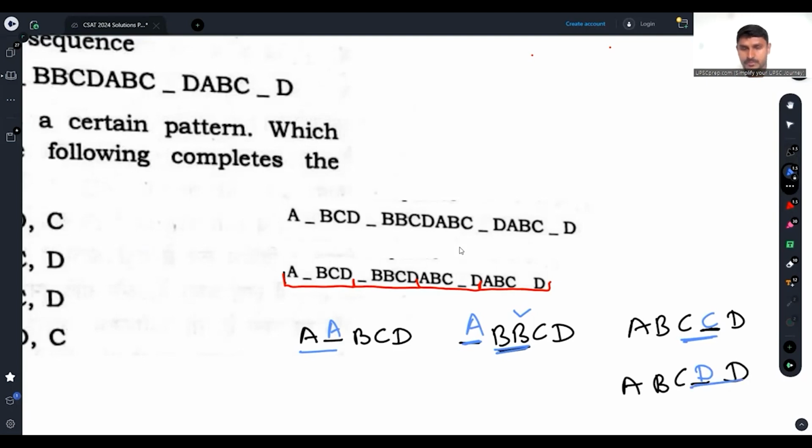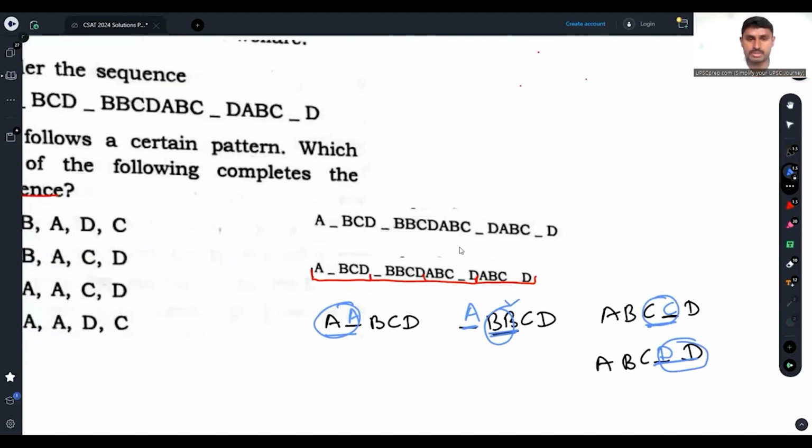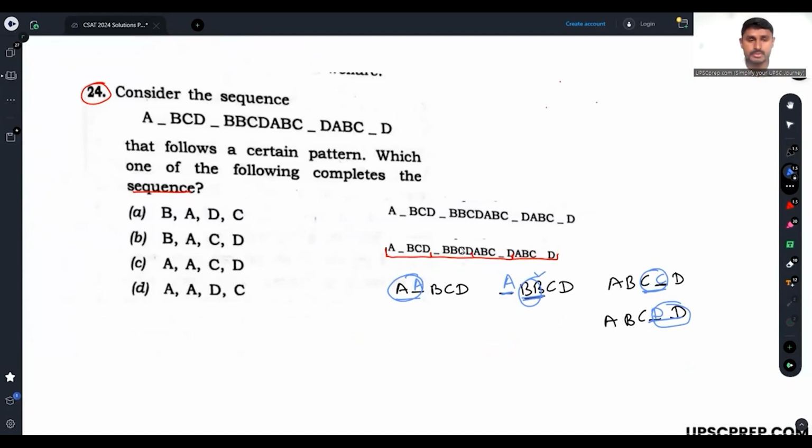So if you see here, A B C D, A B B C D, every subsequent letter is getting repeated. जैसे कि यहाँ पे A repeat हुआ था, यहाँ पे B is getting repeated, C is getting repeated, and D is getting repeated. I see this is the most logical pattern, obvious logical pattern in this sequence, right? So what are the options which are correct? First letter should be A, second letter should also be A, then C, D. So A, C, D, option C is correct in this case.